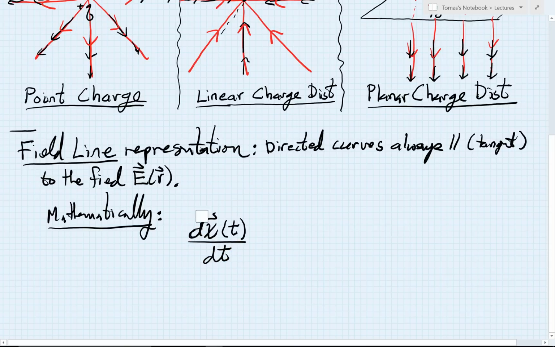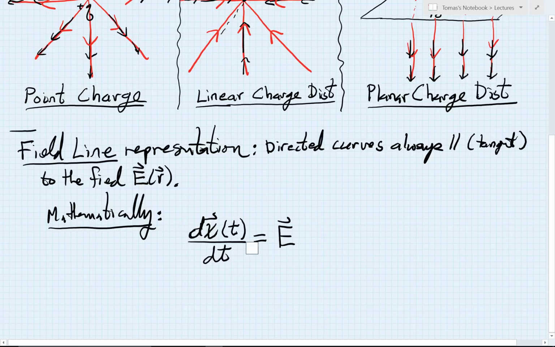And this then defines the tangent to the curve, and I want this always parallel to the electric field, so I can set it proportional to the electric field vector, the electric field times any constant. I will just happen to choose a constant equal to 1.